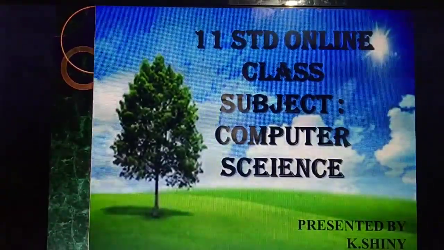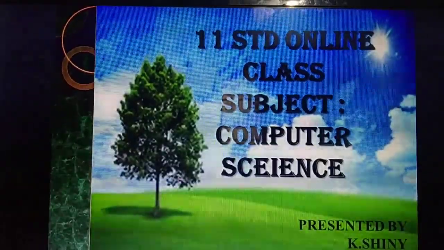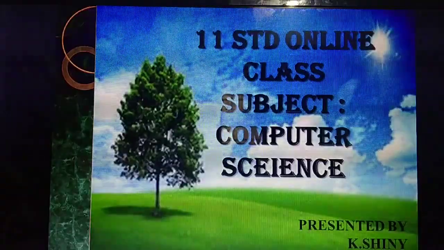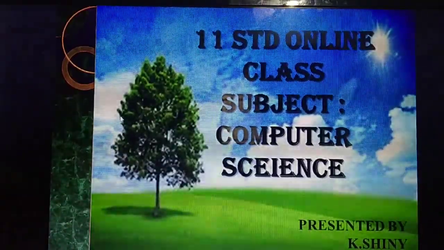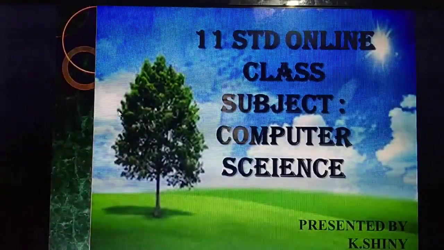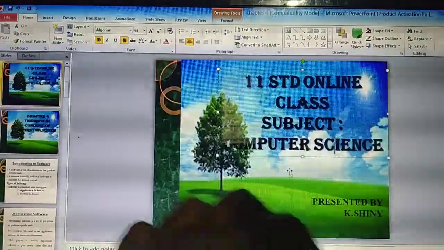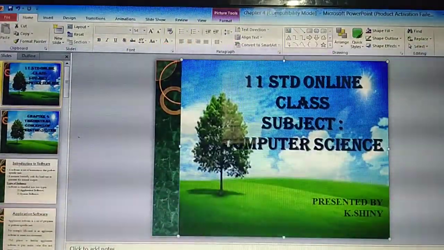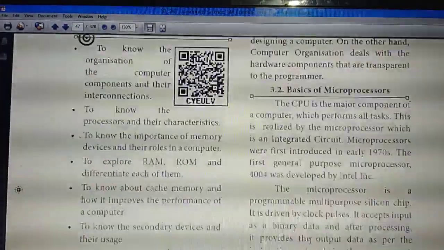For that, first all of you take your textbooks in your hand. Place it in a place. Take your mobile phones in your hand. Have you all taken? Yes.